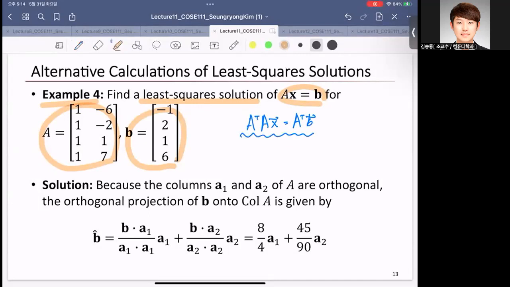But if matrix A has a special form, you can easily solve this least square solution.